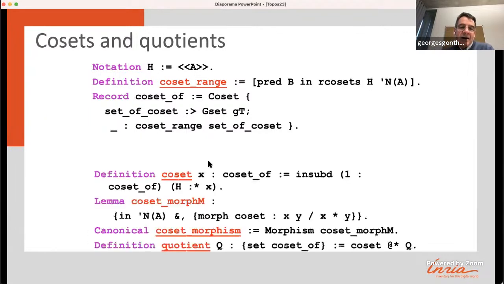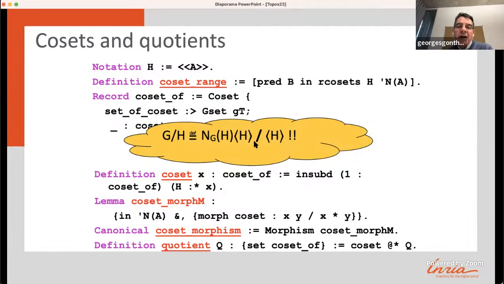And in this case, you can define the natural definition of quotients, which is just the image by the standard coset morphism.